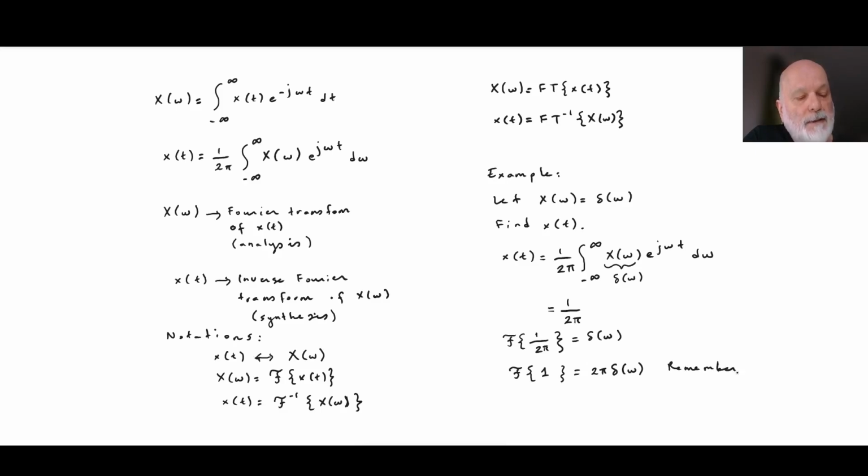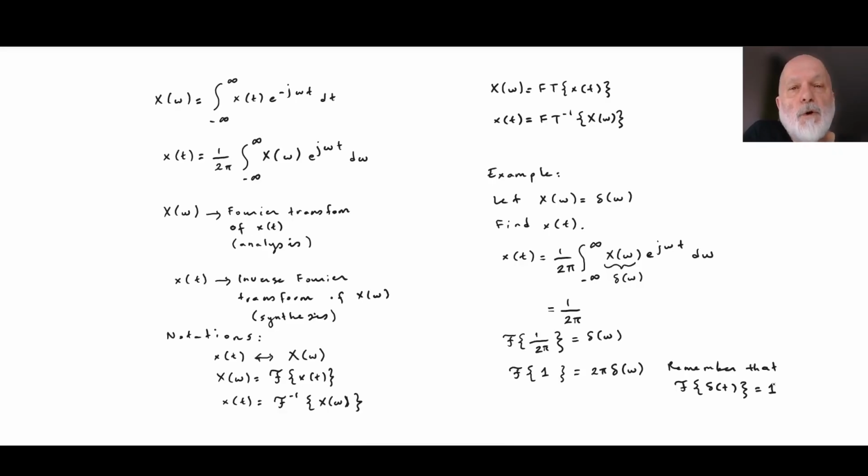Remember that in the time domain, an impulse is a zero duration signal which is infinite at t equal to 0, and everywhere else it is equal to 0. So its Fourier transform is equal to 1.